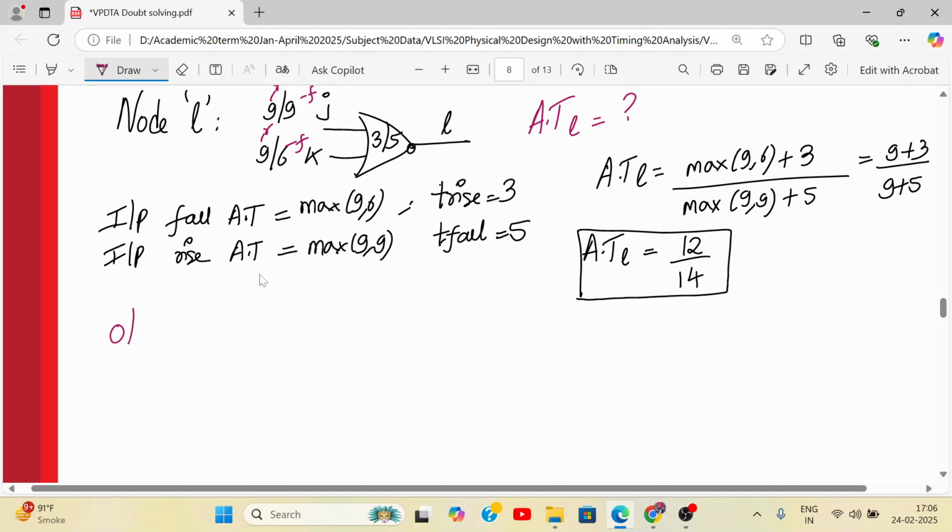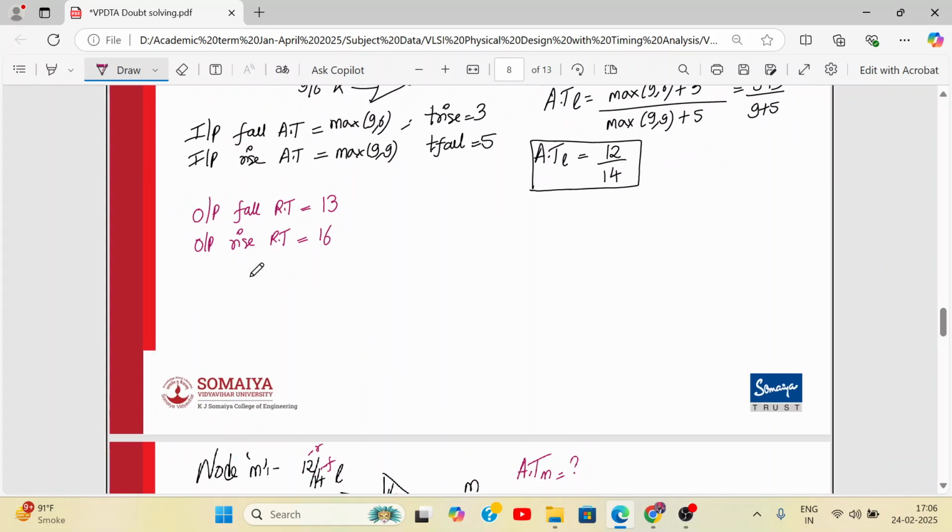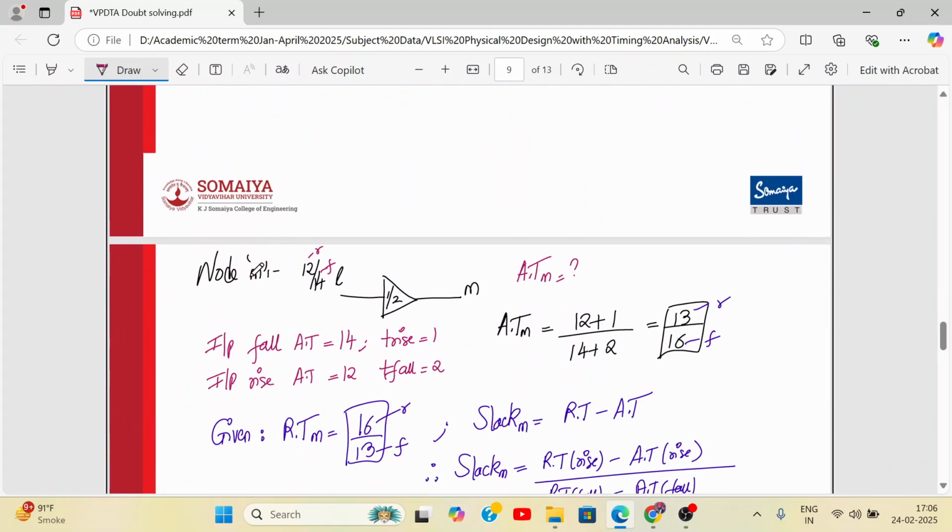So we will evaluate output fall required time will be 13 and here output rise required time, it's 16. From where did we get this? We got this information from the given R.